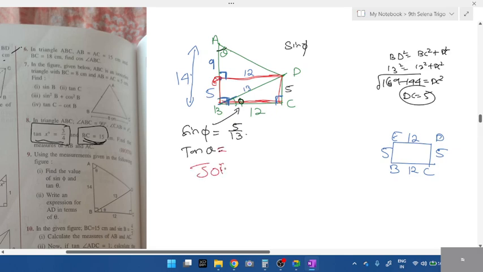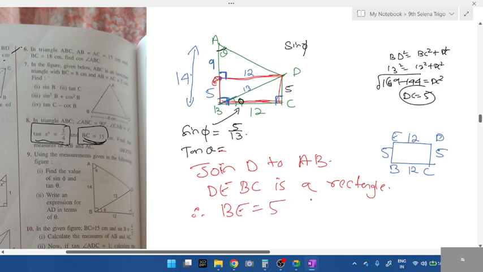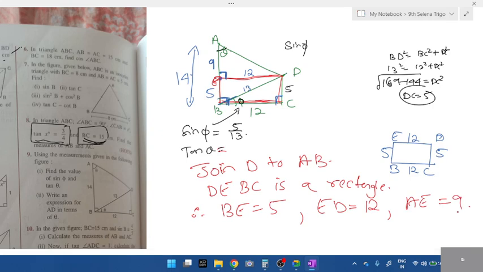Join D to AB and mention DEBC is a rectangle. Therefore, BE is equal to 5 and ED is equal to 12. And we got AE is equal to 9. Okay, then take that right angle triangle, apply Pythagoras theorem and find tan.